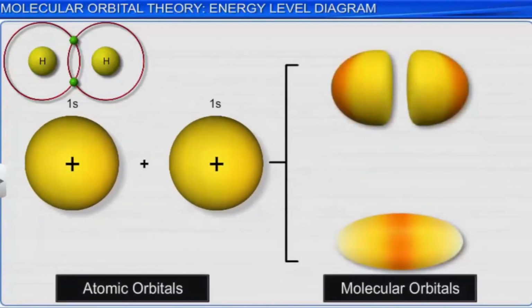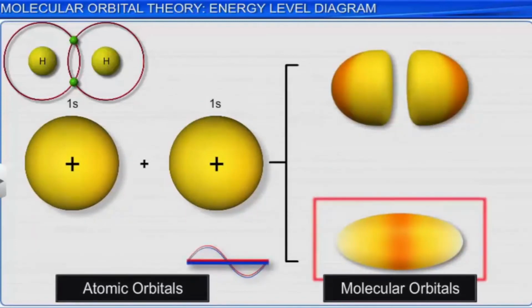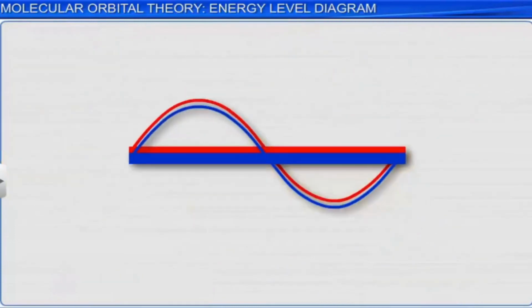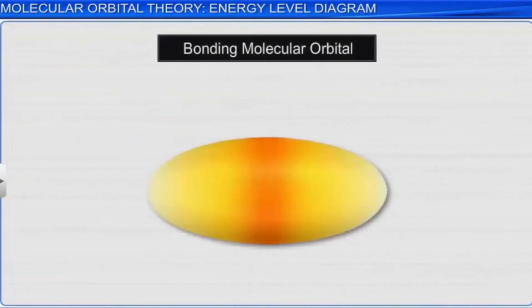One of these is formed due to the constructive interference of the two 1s wave functions, and the other is formed due to the destructive interference of the two 1s wave functions. The molecular orbital formed due to constructive interference is called a bonding molecular orbital, as the electrons belonging to it are placed between the two nuclei. This stabilizes the molecule.